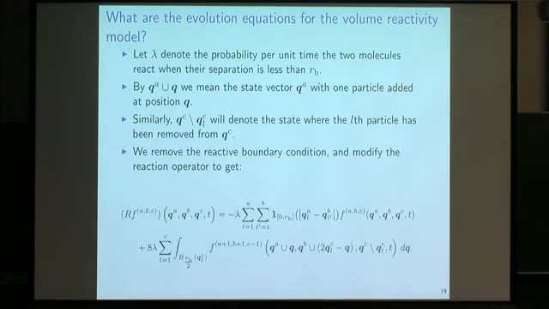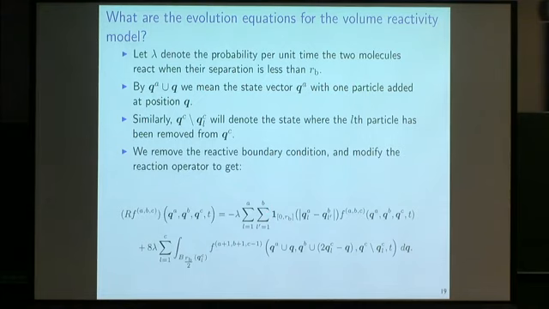So now you get rid of that reactive boundary condition, and instead you get the following reaction operator in the volume reactivity model. So this looks absolutely horrific, but conceptually it's not too bad. It just says, how do I leave the state where I have A molecules of species A at the positions in QA and so on? Well, if I have an A molecule and a B molecule, this is an indicator function of the interval 0 to RB.